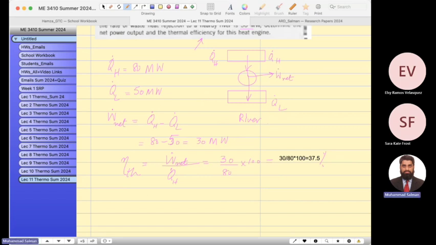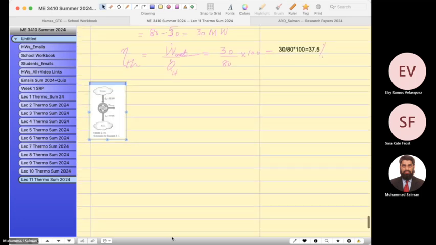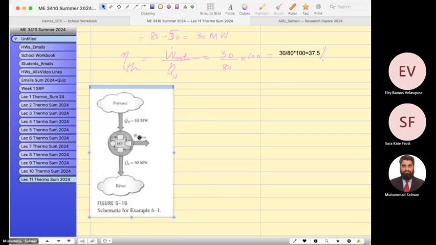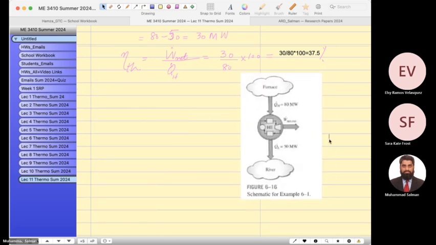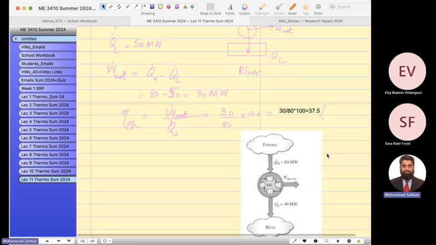So let me redo this over here. Please take a look at this. So if I copy and paste this into our notes, if you have understood this problem, write down yes.